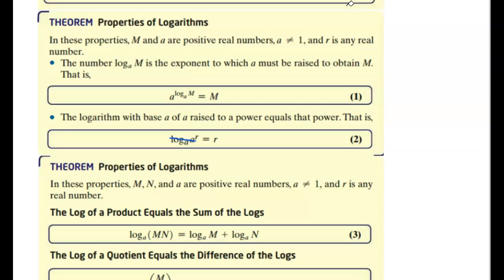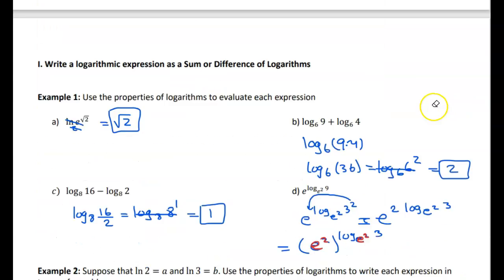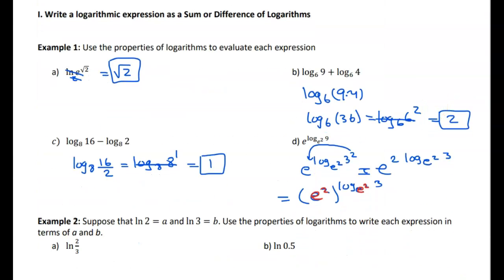If you take an exponential of a log with the same base, they cancel each other out, basically. So this is the same situation we have here. The base of the exponential is e squared, the base of the log is e squared, so they cancel out, and the answer is 3. All right, that was a tricky one.